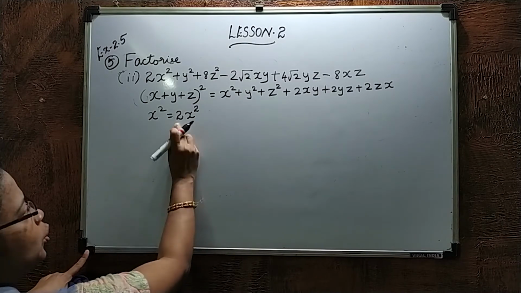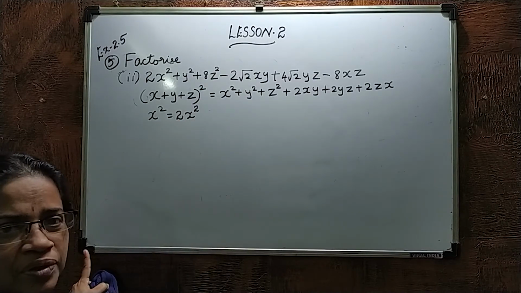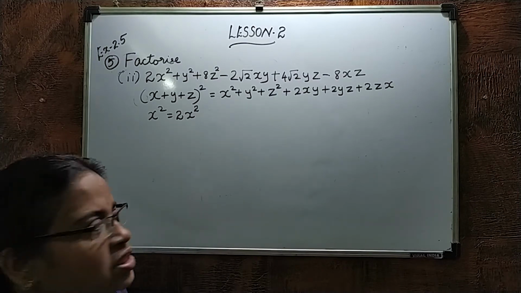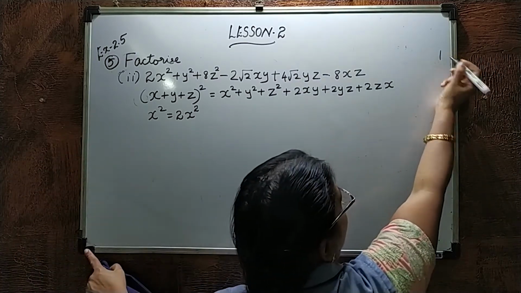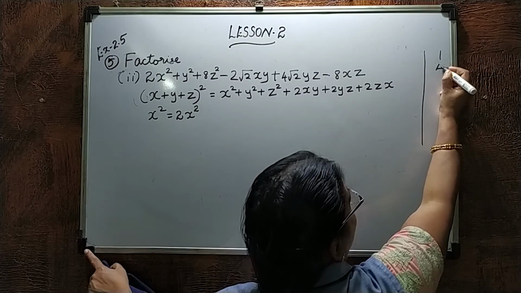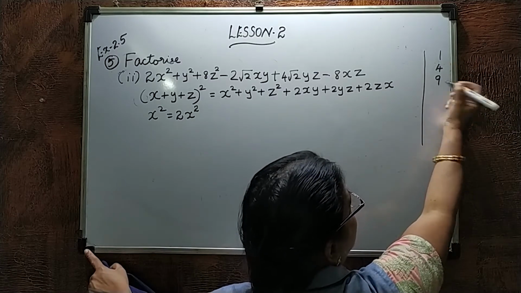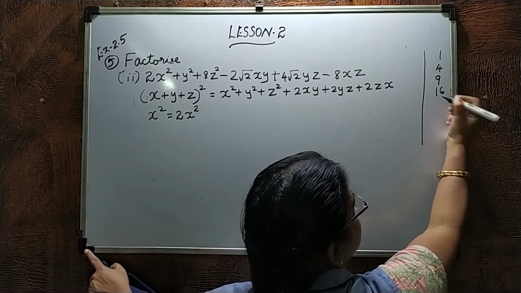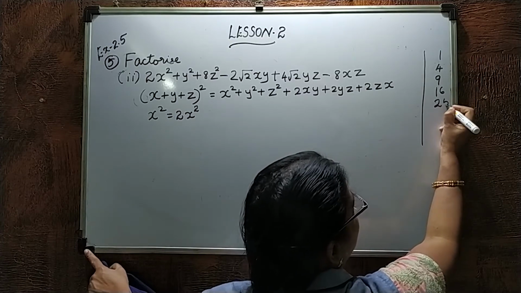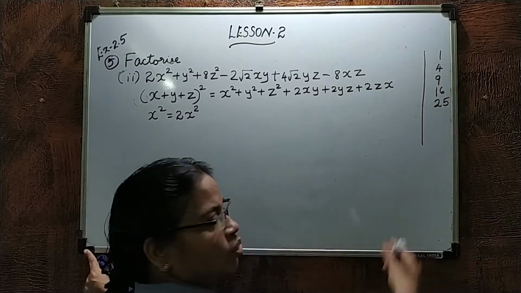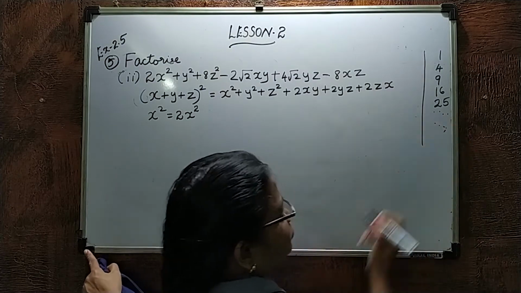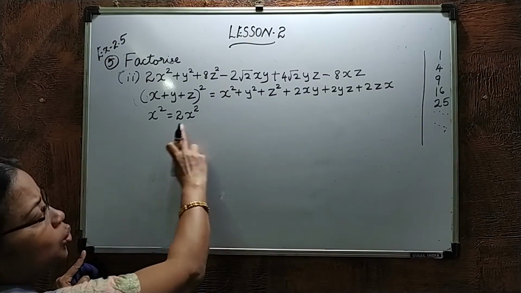Here look, 2 is not a perfect square. Which are the square numbers? 1 into 1, 1. 2 into 2, 4, 3 into 3, 9, 4 into 4, 16, 5 into 5, 25. It goes on, right? Now look, here 2 is not there.